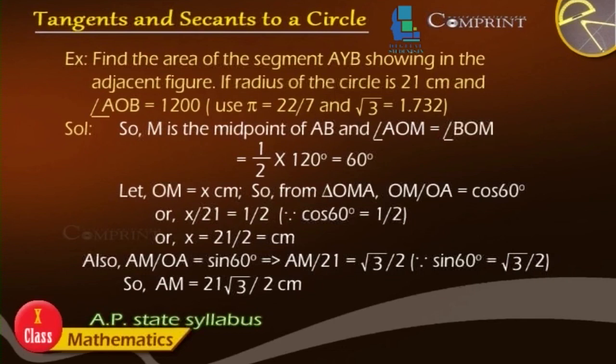Also, AM by OA is equal to sin 60 degrees. AM by 21 is equal to root 3 by 2, since sin 60 degrees is root 3 by 2. So, AM is equal to 21 root 3 by 2 centimeters.